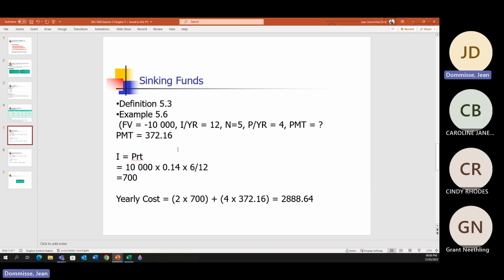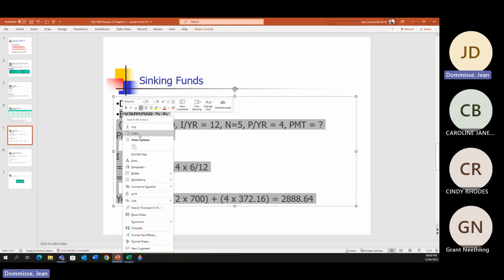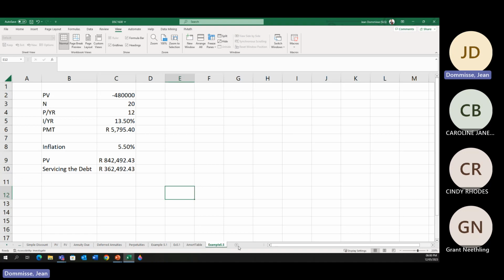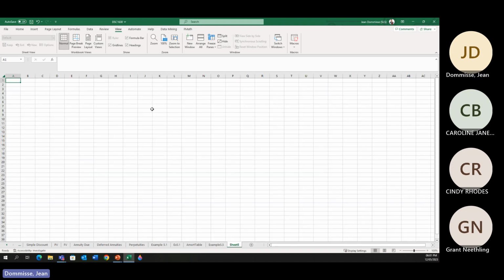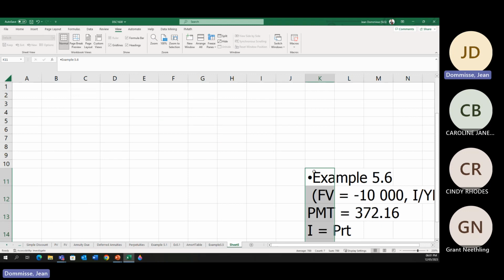So again, let's look at an example, example 5.6. As always, I will bring it into Excel so that we can work around that.